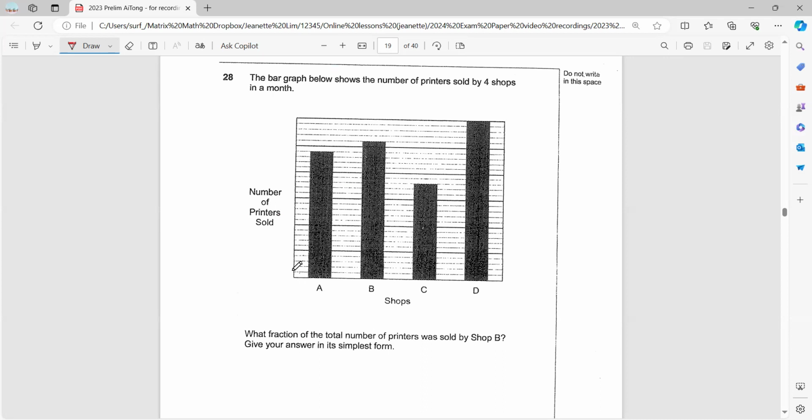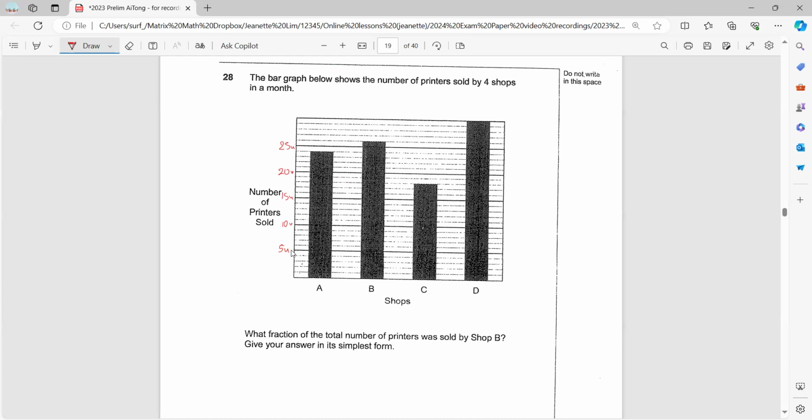So let's say every interval represents 1 unit. This will be 5 units. Then 10, 15, 20, 25 units.